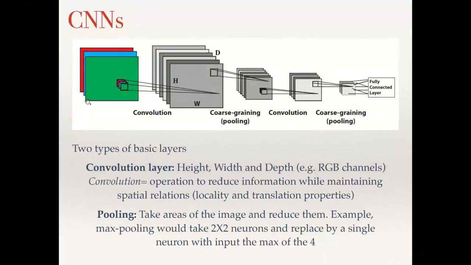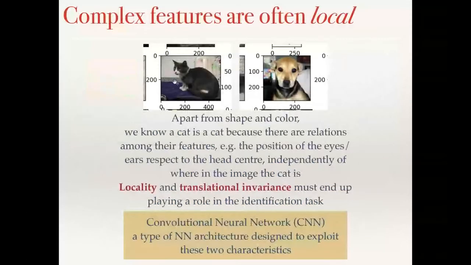Imagine that there is an image. Forget about the colors for the moment, it's just an image, and you are trying to identify a cat. And as Pilar was saying, you probably care a lot about the eyes over here. But more than the eyes over here, you care about the fact that there are some objects here and the relative distance between these two.